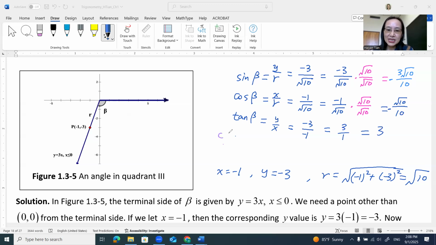Let's start with cosecant. Cosecant beta is r over y. R is square root of 10 over y. Y is -3. This time we don't need to rationalize the denominator because it's already an integer, so it's rational. So we can put a negative sign in front and just keep the 3 here. So that's the cosecant.